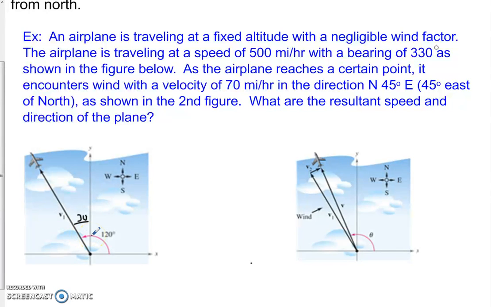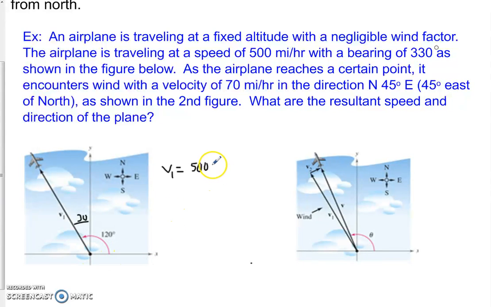We are going to translate to the form that we've already been using. We're going to take what they've given us with the bearing and change it into this form. So that plane is traveling at a speed of 500 miles per hour with a bearing of 330 degrees. Now we're going to make a vector for that, and I'm going to call it V1. You can see it labeled right here. And so the magnitude is 500. And my direction can't be 330 because the direction when we're using this always has to be from the x-axis, or the polar axis.